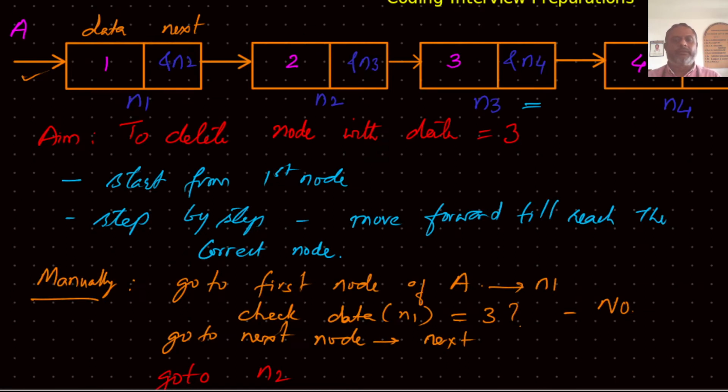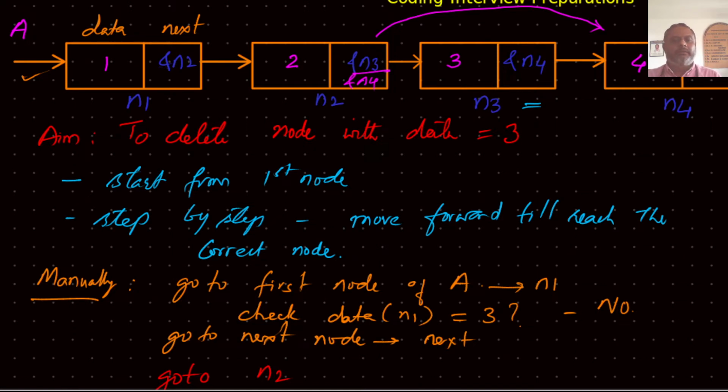So next of N2, in place of ampersand N3, we should write ampersand N4. That means it directly jumps next time to this location instead of this.